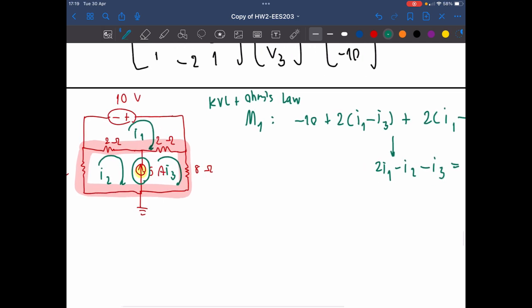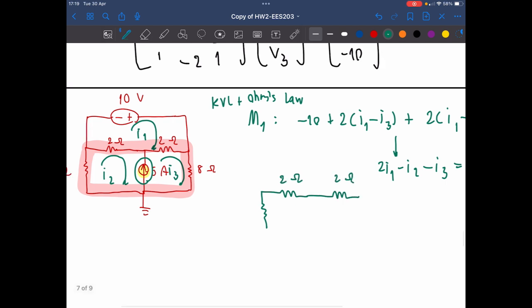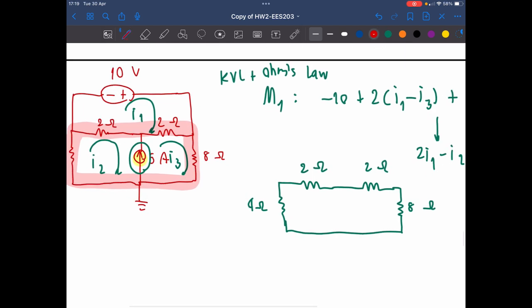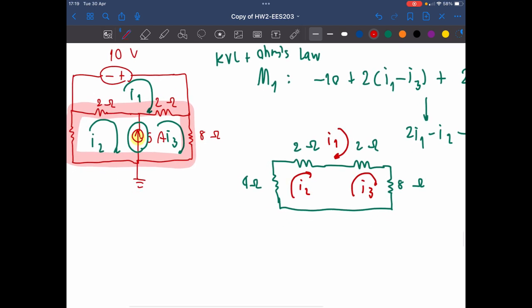So let's write a new mesh again. Don't forget that each part has the I2, I3, and the above is I1, don't forget it. So we're applying the Kirchhoff voltage law and Ohm's law again.